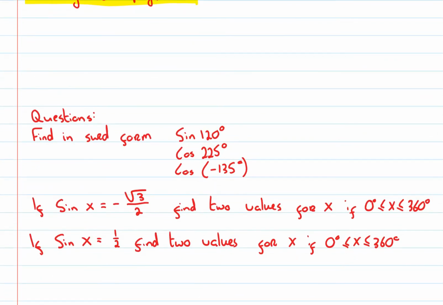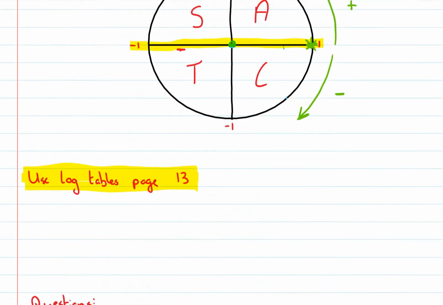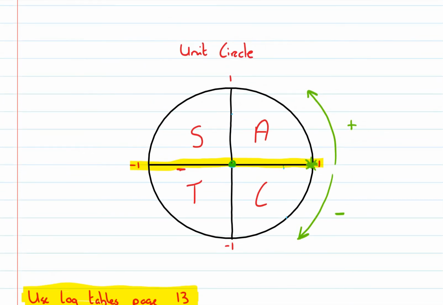Right, so first question, find in surd form sine 120 degrees. Okay, well, sine 120 degrees. Okay, first thing is it's positive, so we're going to be measuring this direction. So 120 degrees will be about here.